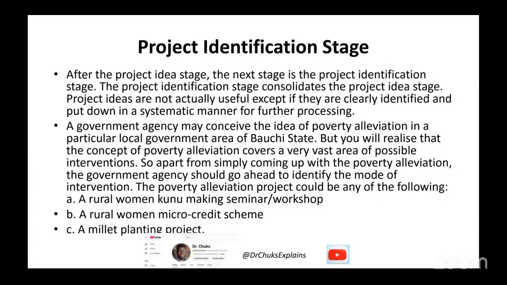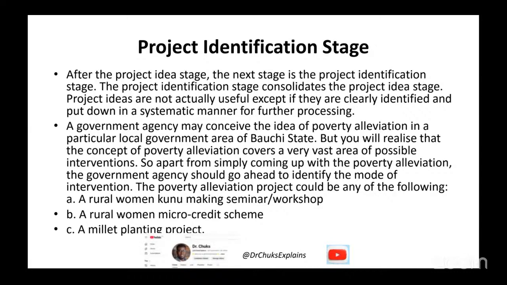A government agency may conceive the idea of poverty alleviation in a particular local government area, maybe in Niger State, in Bauchi State, maybe in Cross River State, whichever state. But you will realize that the concept of poverty alleviation covers a variety or a vast area of possible intervention.